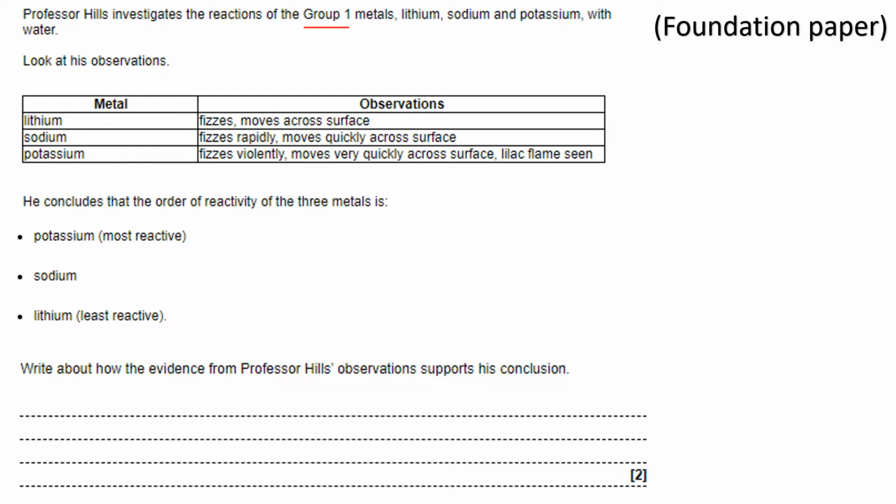And potassium fizzes violently, moves very quickly across the surface, and a lilac flame is seen. He concludes that the order of the reactivity of the 3 metals is potassium, which is most reactive, sodium and lithium, the least reactive. Write about how the evidence from Professor Hill's observations supports his conclusion.